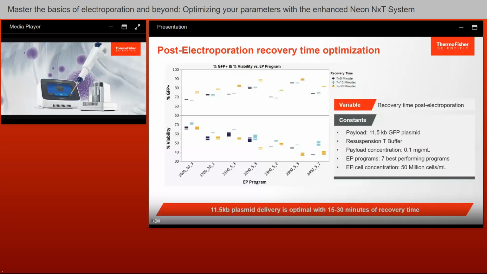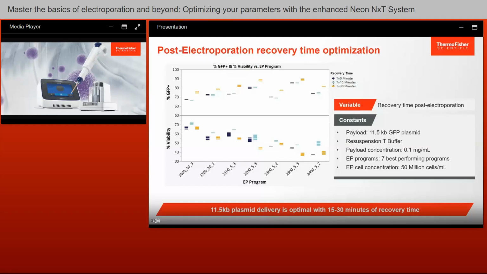So we aim to optimize post-electroporation recovery time using 3 different recovery times. Cells were added into a culture plate without media and incubated at room temperature before adding media for a certain period of time. We evaluated its impact on transfection efficiency and viability.